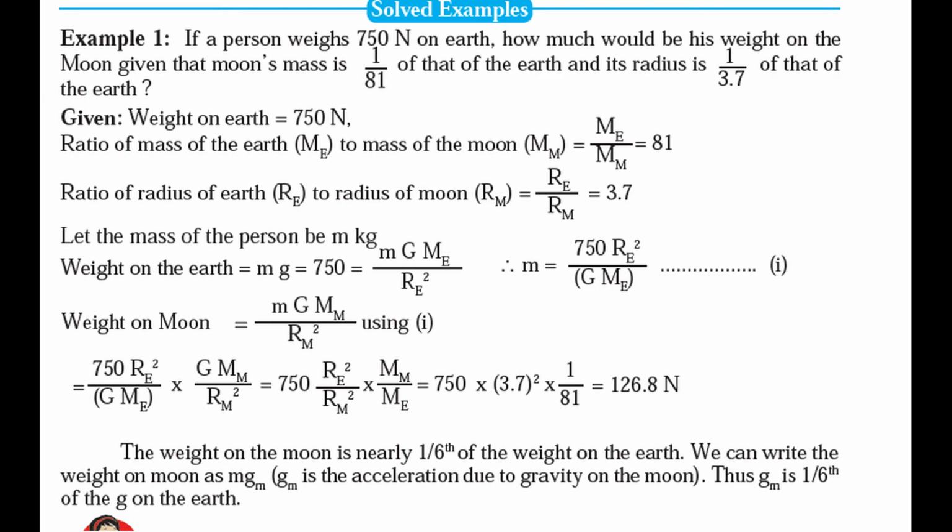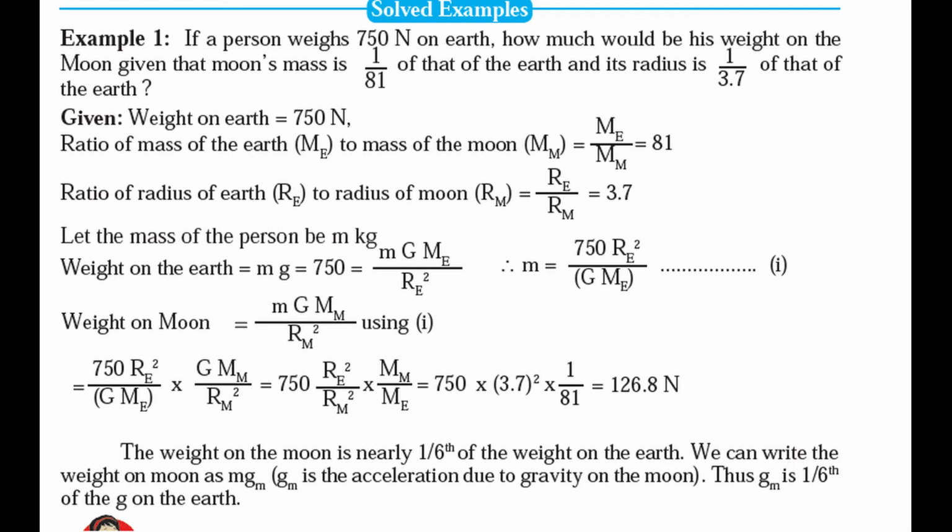Now your book gives this solved example. If a person weighs 750 Newton on earth, how much would be his weight on the moon, given that the moon's mass is 1/81th of that of the earth and its radius is 1/3.7 of that of the Earth.